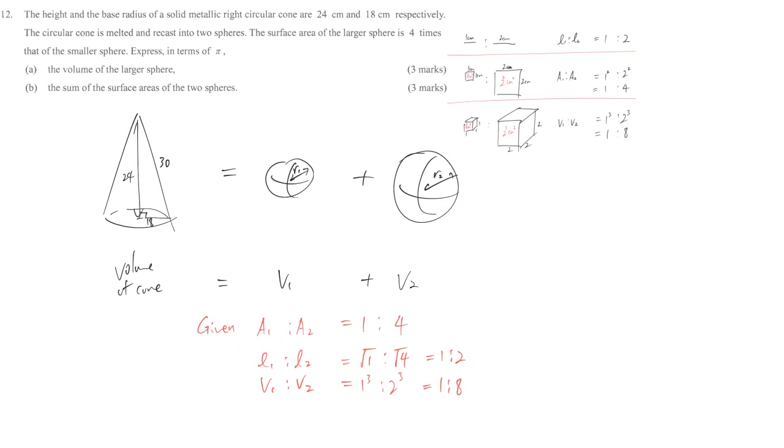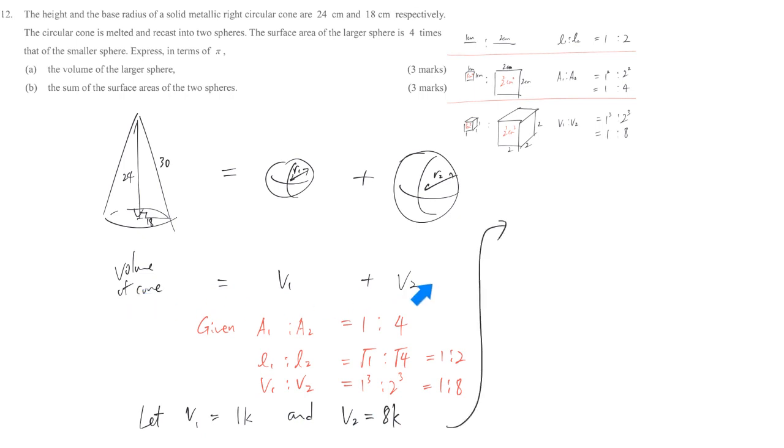One easier way to use the ratio information is we just simply let V1 be 1 proportion while V2 is 8 proportion. So we can let V1 equal to 1K. At the same time, V2 will be 8 proportions. We can express these two items into one single unknown, so that it's easier for us to solve this equation.